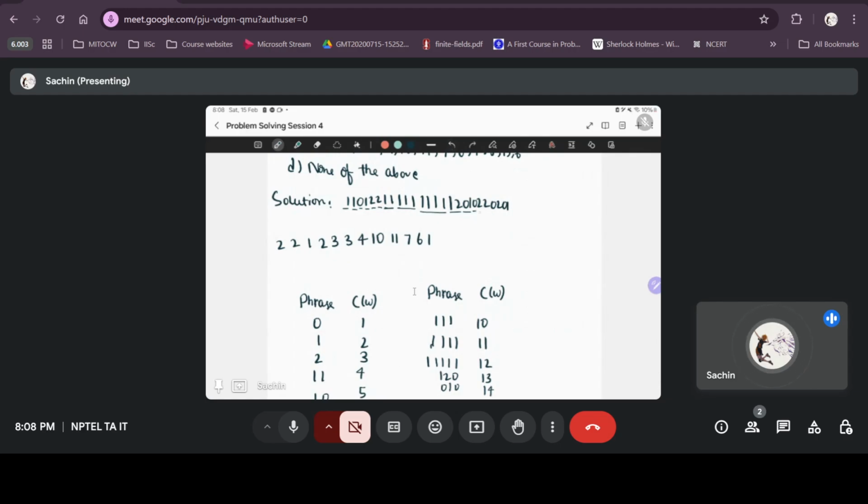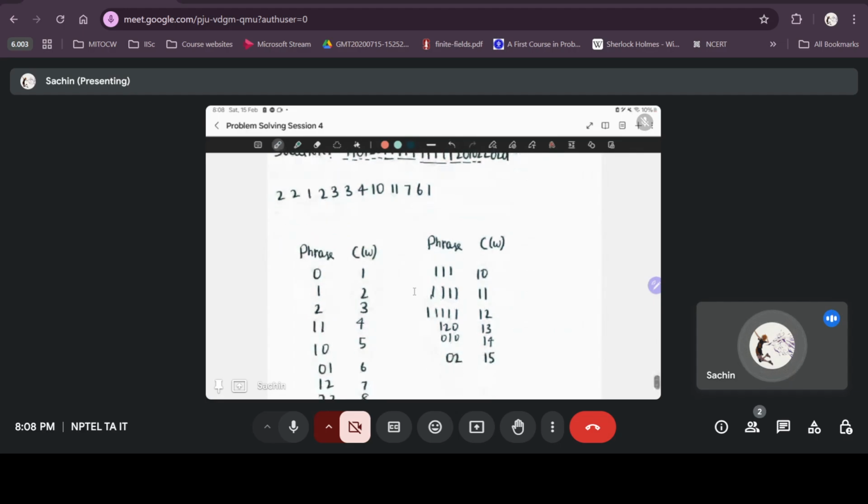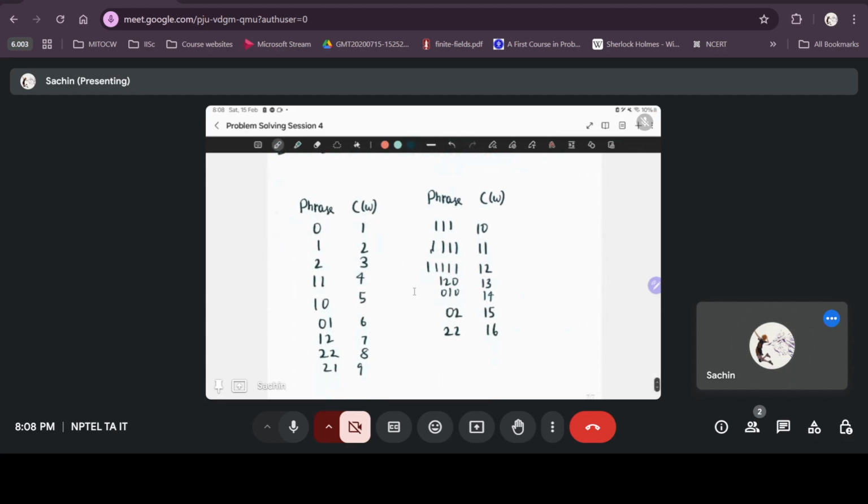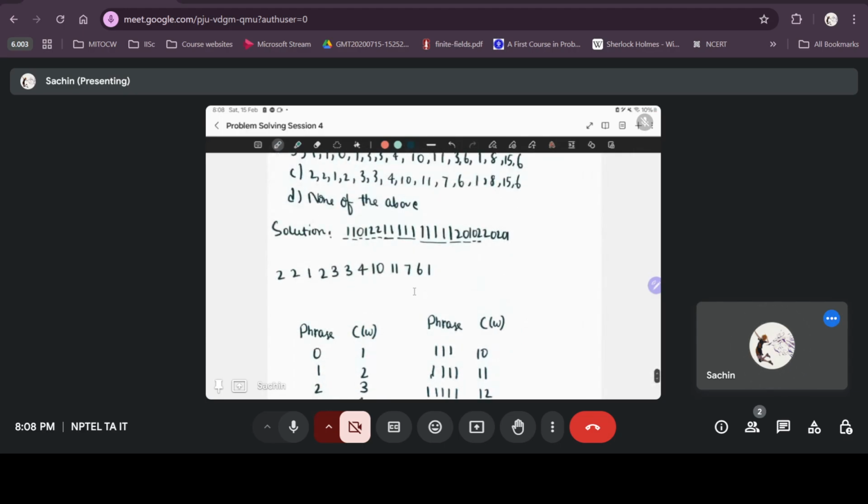Then you have 2 2. Again, 2 2 is not a code word, so you have to include that as a code word and encode 2 as index 3.